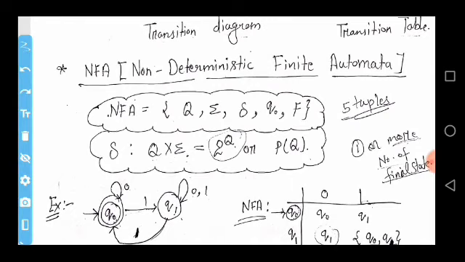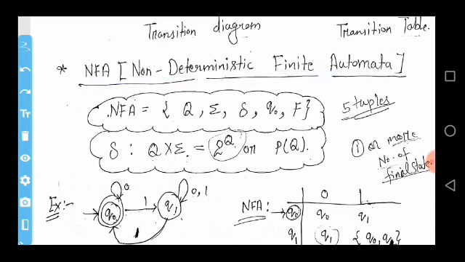NFA is a non-deterministic finite automata. From each and every state, for one input symbol, there may be 0 or more than 0 transitions.